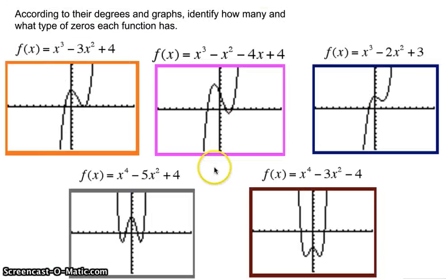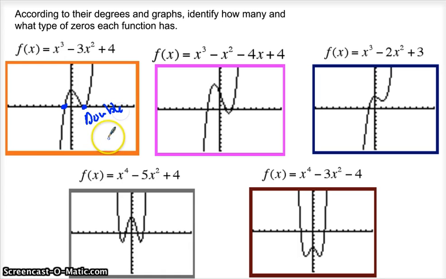Now, when we get to larger polynomials, that same idea happens. If I see a cubic, such as in the upper left here in the orange, when I see x to the third, I expect to see three zeros. But you'll notice here, we only see one right here and one right here. But talking about that bouncing zero, when they bounce off the axis like that, we call this a double zero.